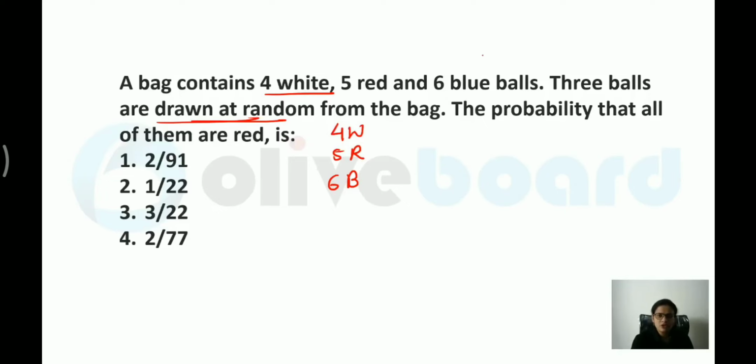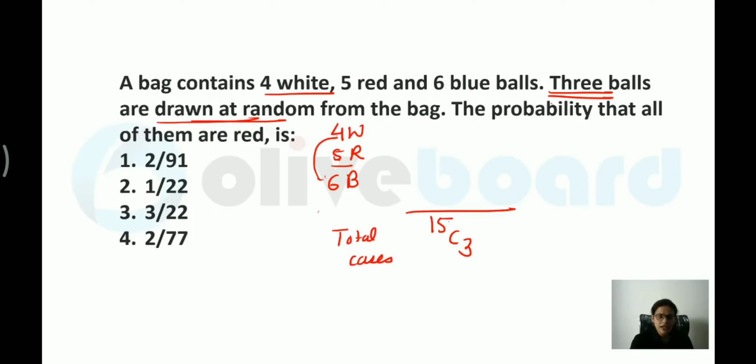So when I'm choosing three balls, what will you write in the denominator? Out of the total 15 balls, 6 plus 4, 10 plus 5, 15, I'm choosing three balls. So my total cases would be 15C3.